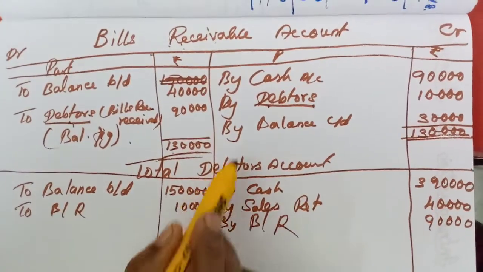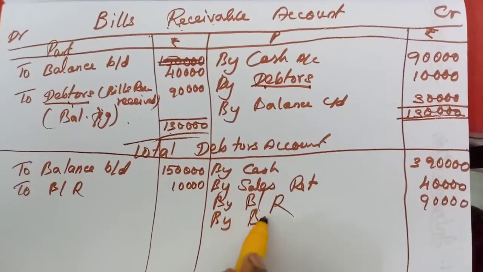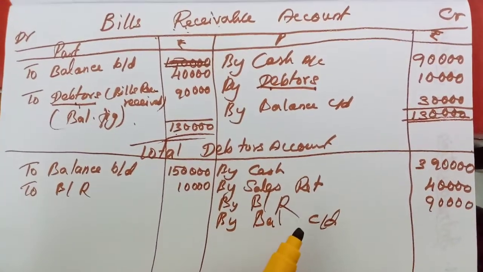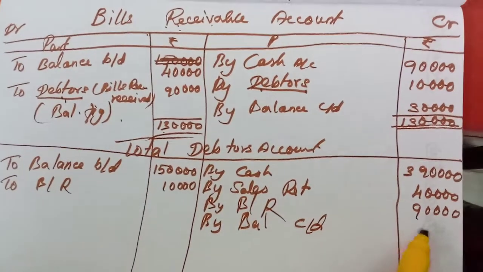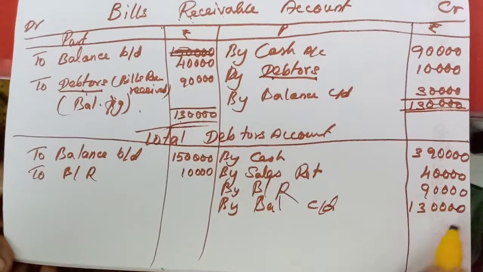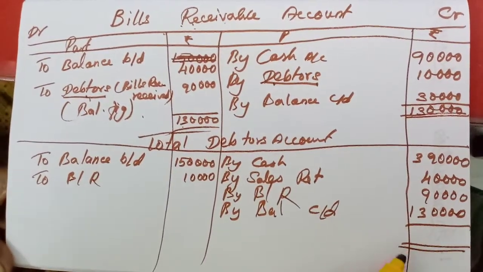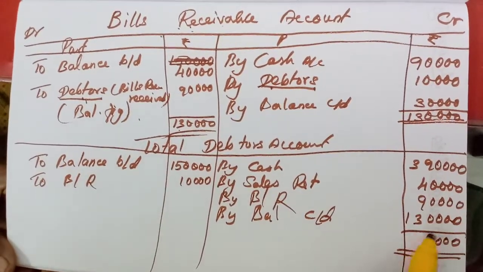Now we have to enter the closing balance by balance carry down. What is that amount? Sundry debtors 1,30,000. Now you add all together. Here also credit side is only more. 2, 3, 4 zeros.